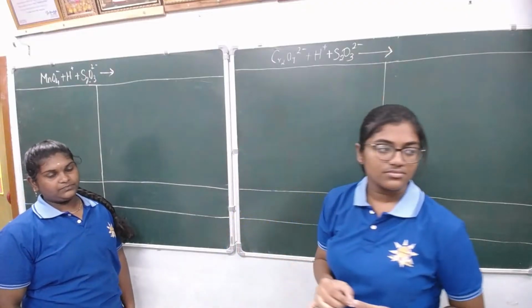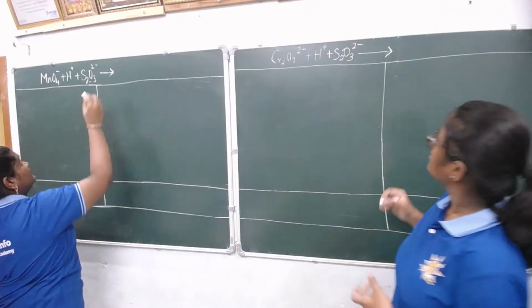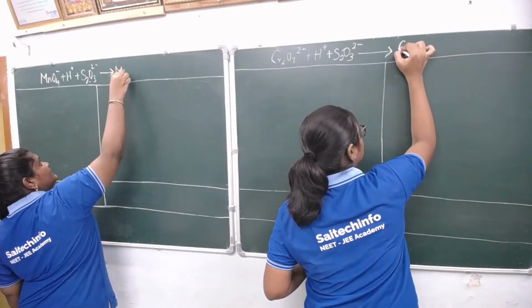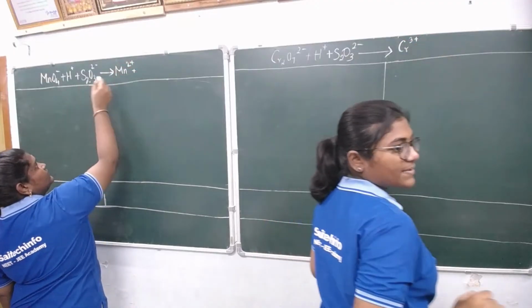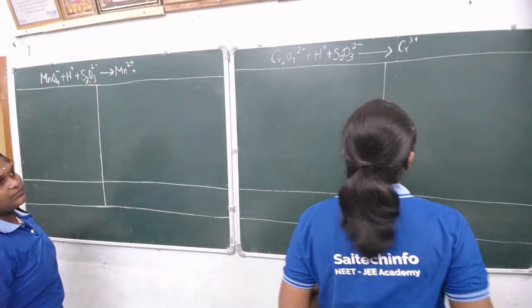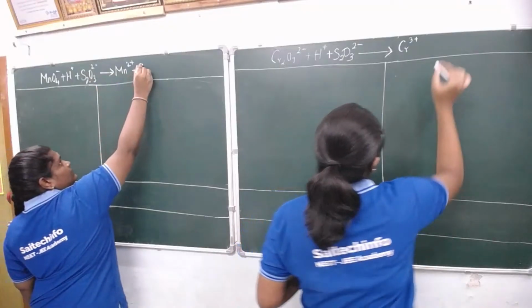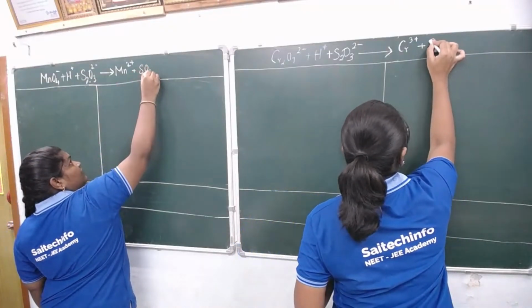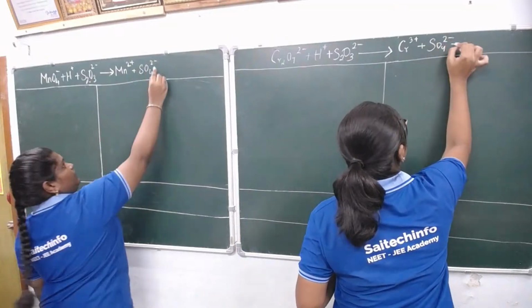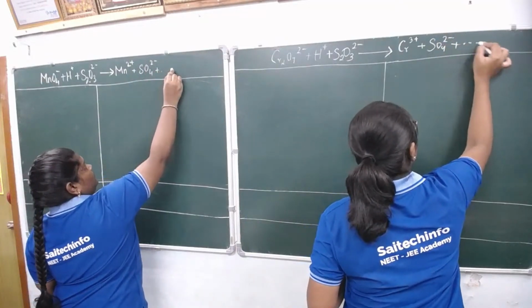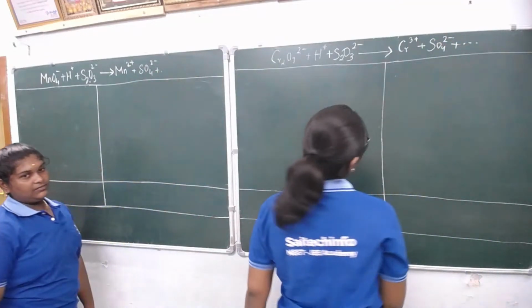Okay, so what will happen to that MnO4 minus? Mn2 plus, that's good. And what about this one? Cr3 plus. And what about this thiosulfate? How does it become? It is oxidized to sulfate, SO4 2 minus. Plus you can put dot dot dot. We can balance it and find out, right? Okay.